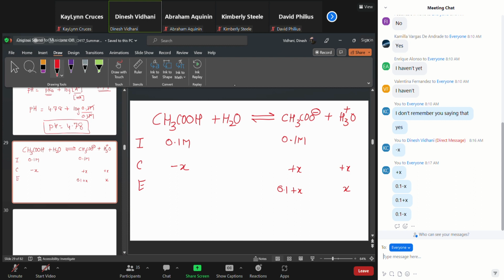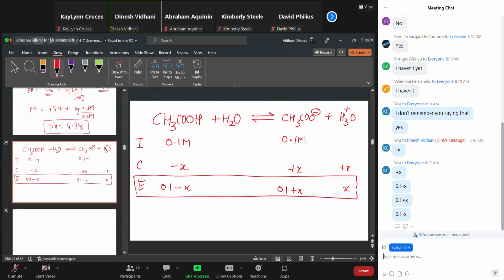Good. So I'll just write the way you have done it. So 0.1 minus X. Now, in this case, you can use exactly the same values at equilibrium. Now I'm going to put it here at equilibrium, in a box. This is the equilibrium that is already existing in your buffer solution. You put this mixture in water and this is what you get.